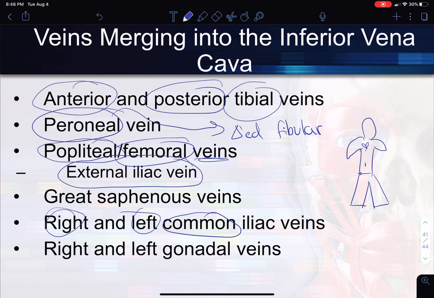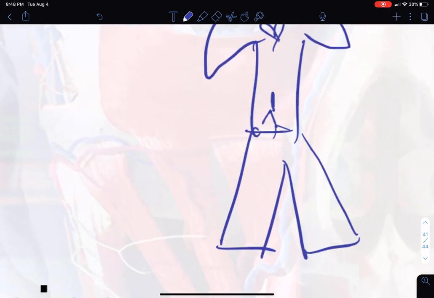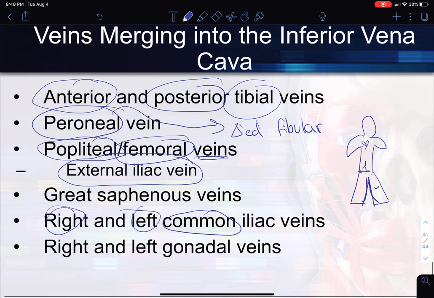We also have a large vein that, if I drew a person, so we have the aorta, common iliacs, external, internal. If we were to zoom in here, and let's say this is a knee, there's a large vein that travels down the medial aspect of the leg on both sides, and it's really long and really thin.